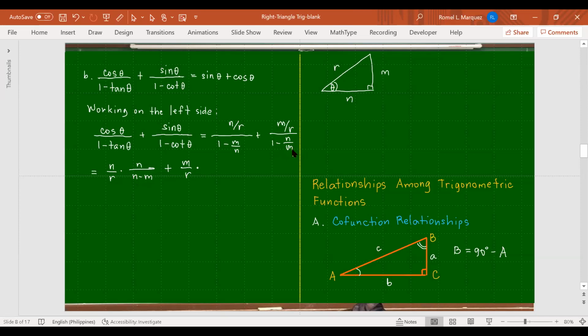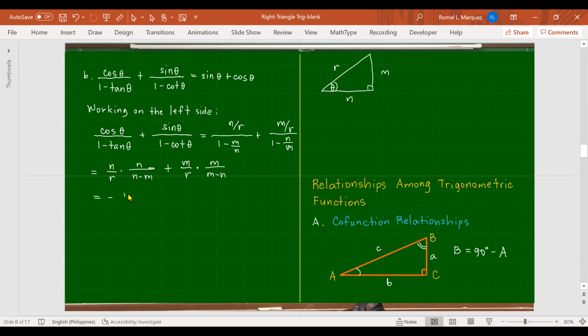That is m minus n all over m. Reciprocal is m over m minus n. So now the denominators are actually not entirely different. They just differ in the sign. I can multiply both the numerator and the denominator by negative.